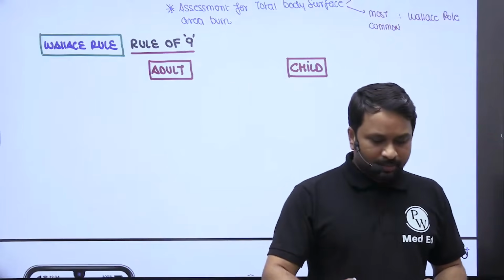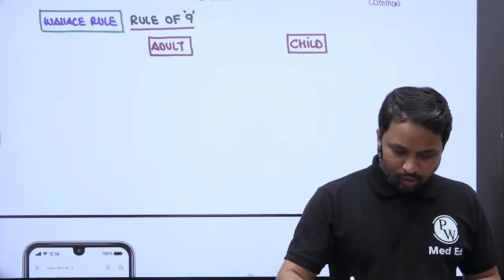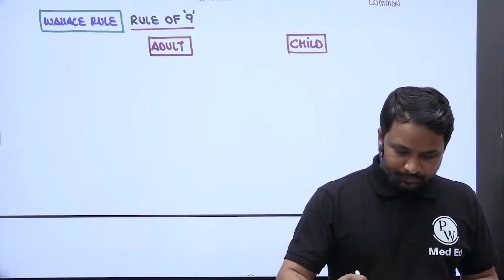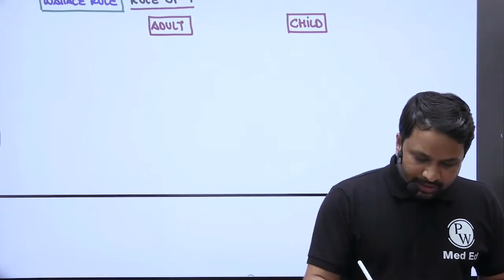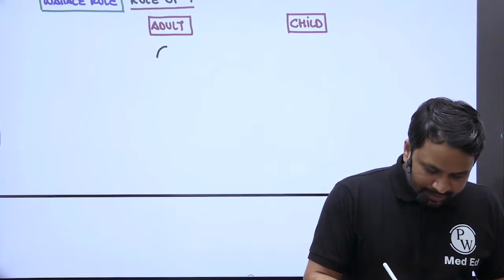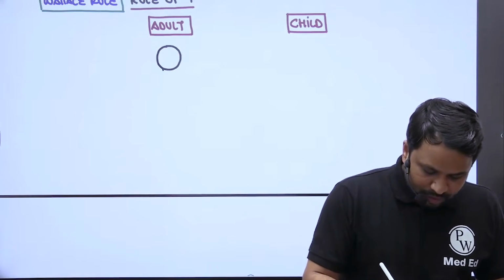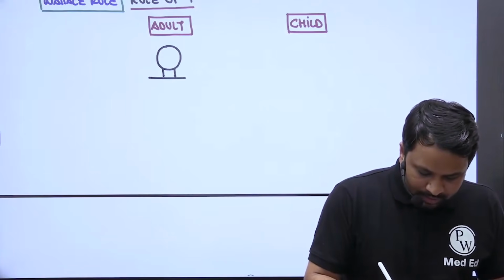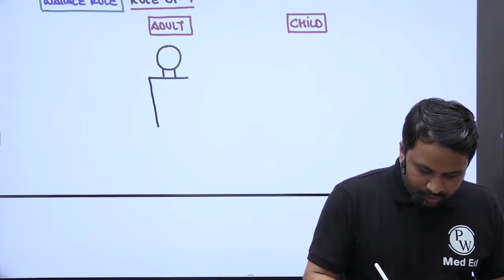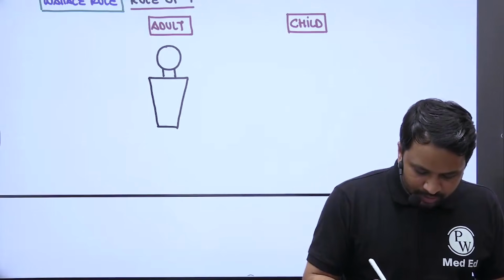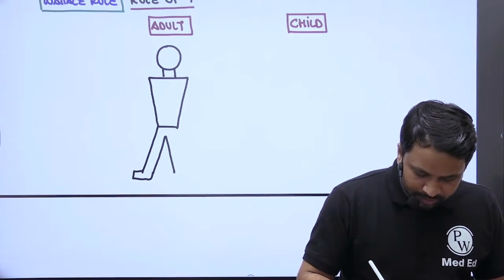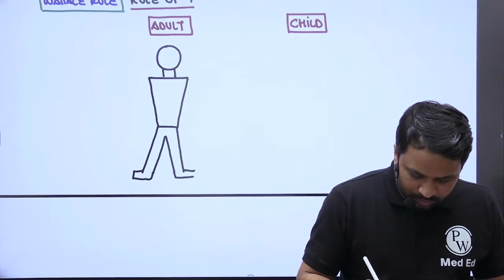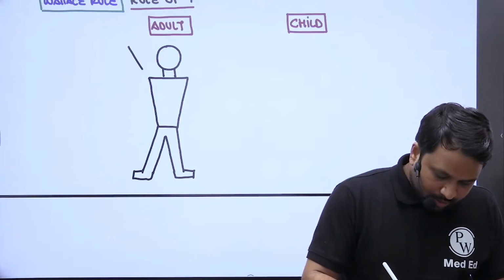Now coming back to our Wallace rule or the rule of 9. So in the adult, let's say this is the head, this happens to be the neck, this is going to be the trunk, the chest as well as abdomen, this is going to be the lower limb, and this is going to be the upper limb.